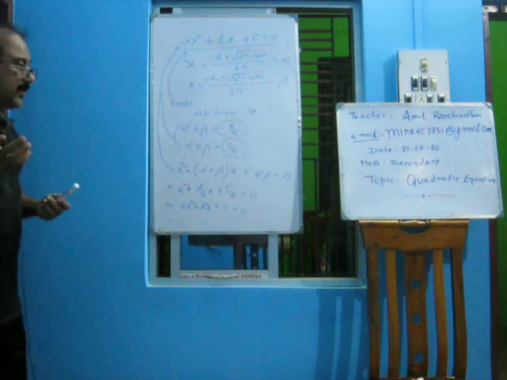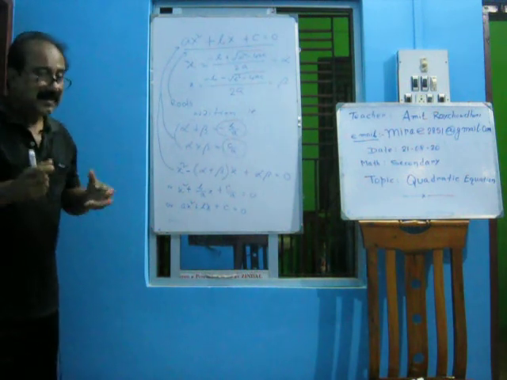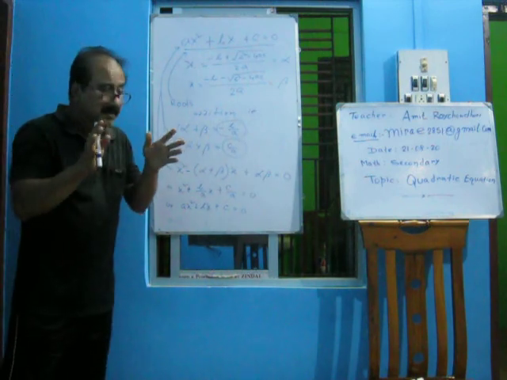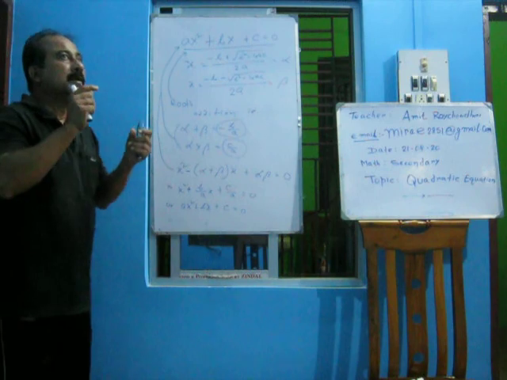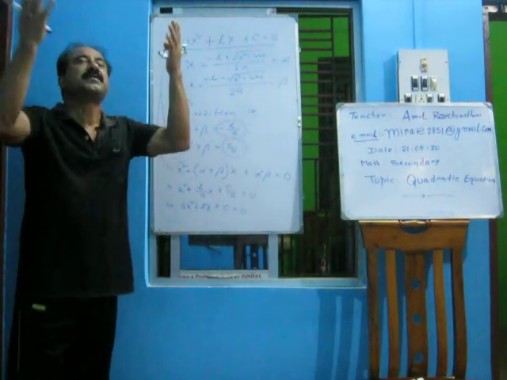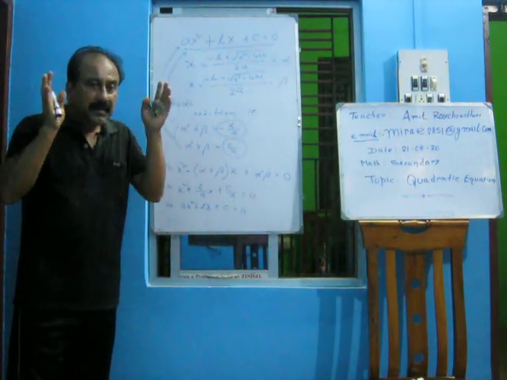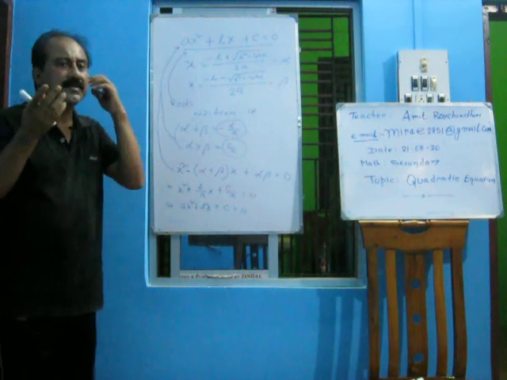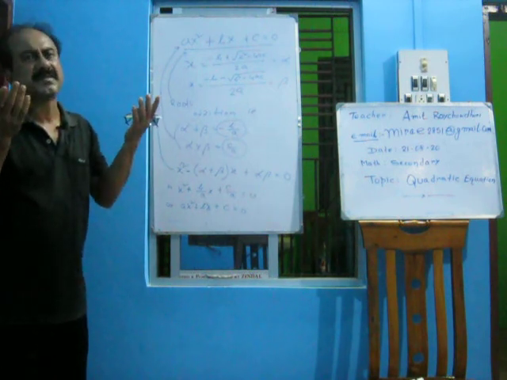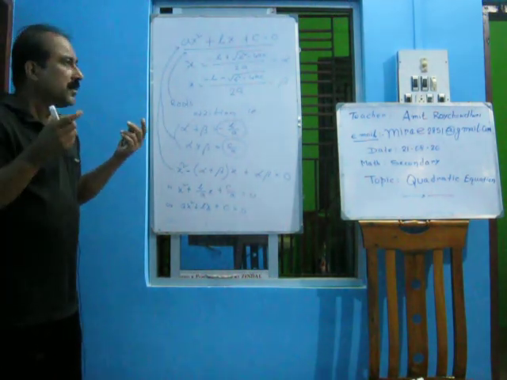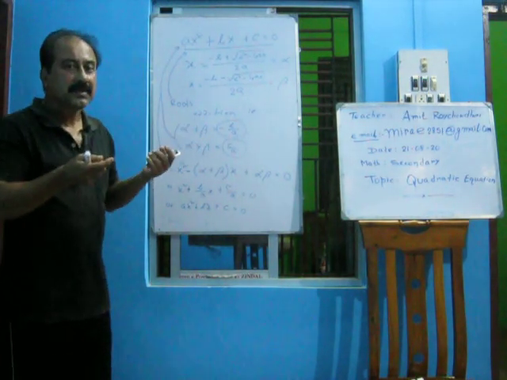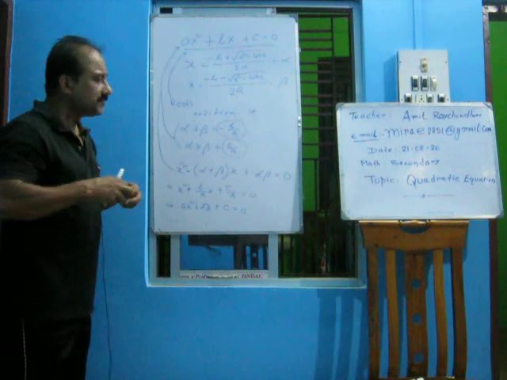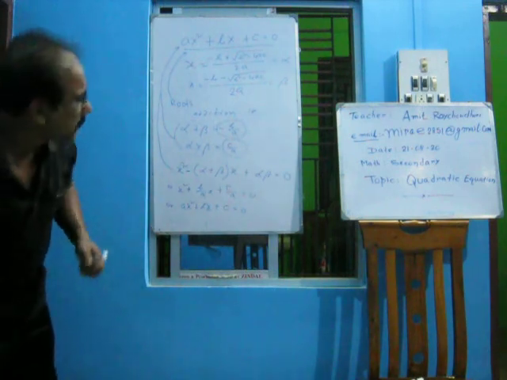That means what I want to say is that if somebody gives the two results without expressing the equation, suppose one is 5 and one is 7, whatever it may be, and asks can you give me the quadratic equation, then what will you do?